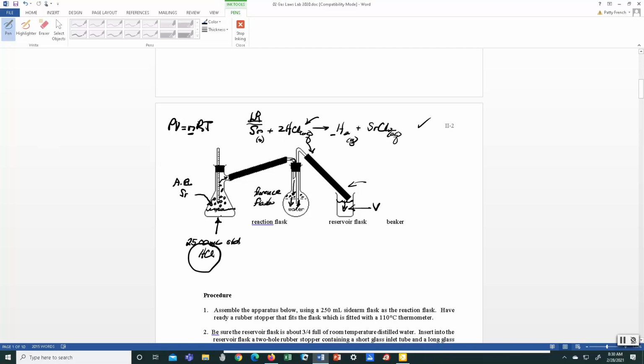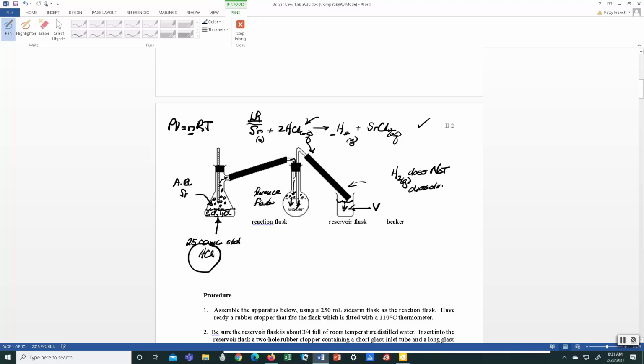Now, we know this is HCl, and eventually will be also the strontium chloride in here. The gas is moving. Now, hydrogen gas does not dissolve in water.